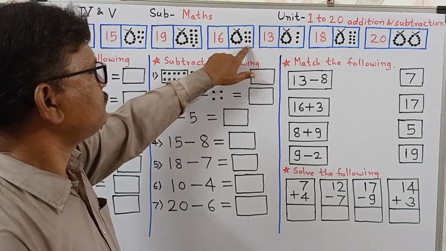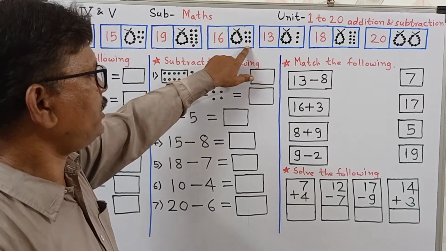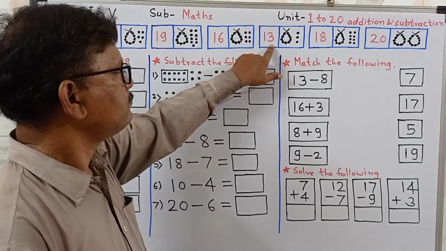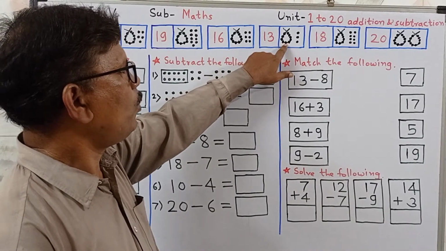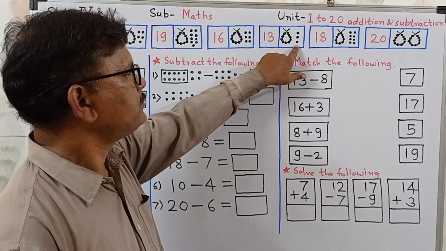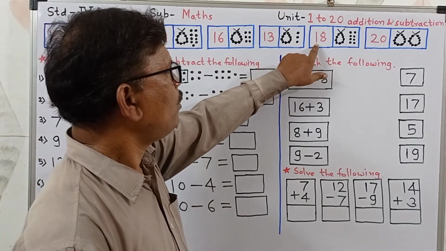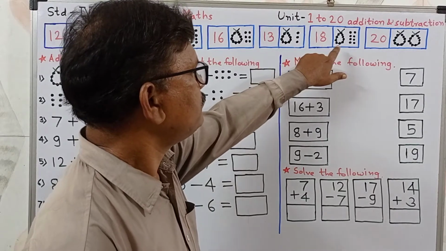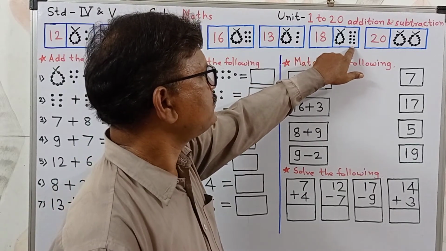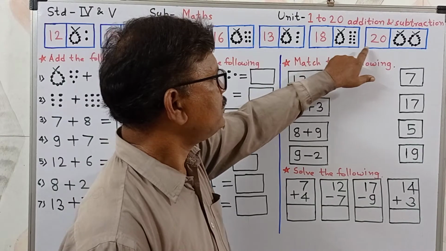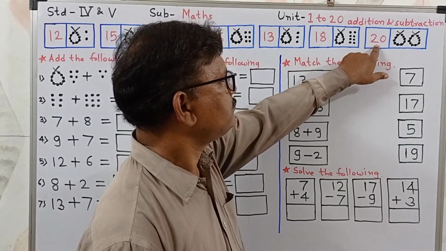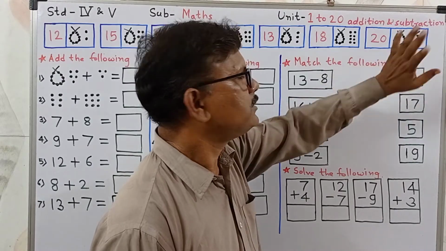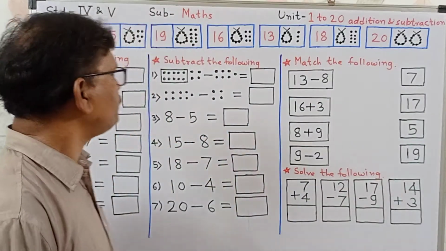Ten and 3 units, 13. Ten and 8 units, 18. 2 tens, 20. Okay?